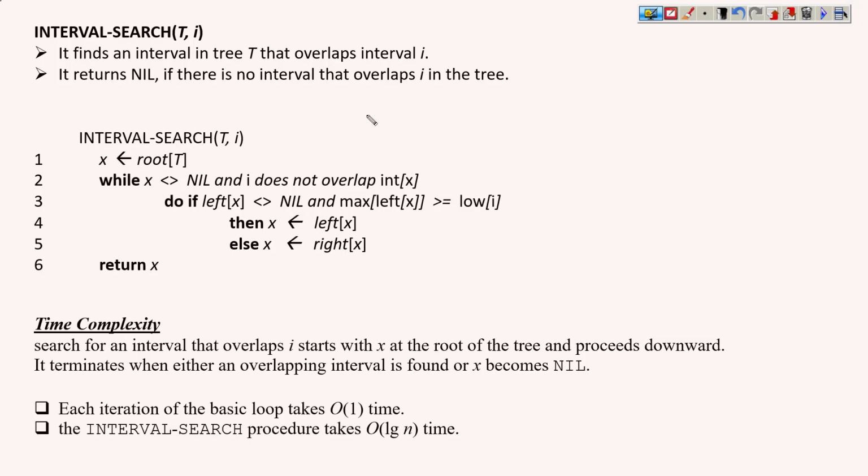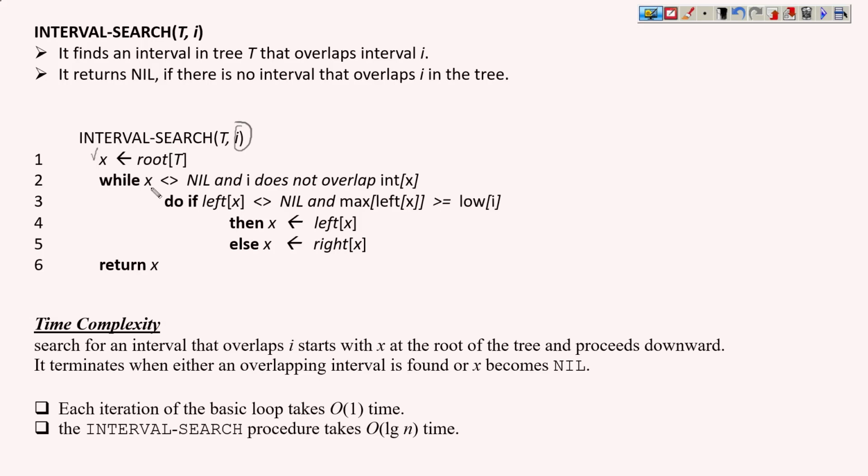So let's look at the algorithm. Okay, interval search, where we are searching for this interval i, and we need to traverse our tree. So we will make a temporary pointer for traversing. We'll say that x is a temporary pointer that we use to move, and x is representing the root of the tree.